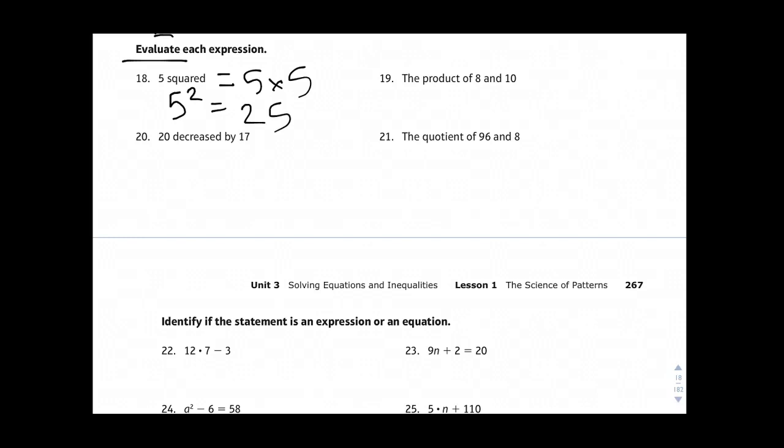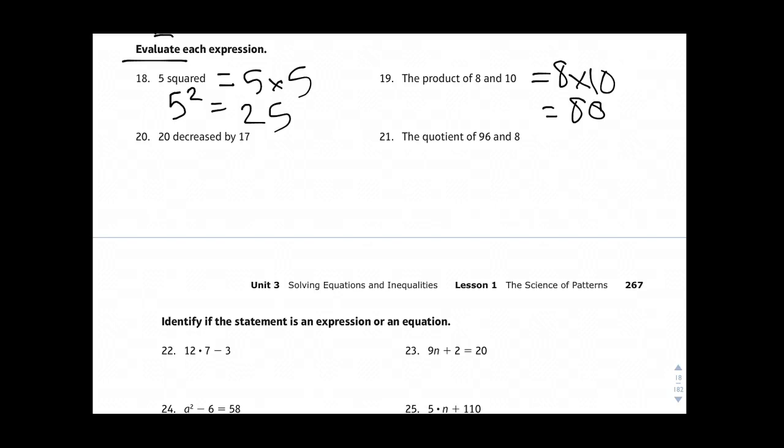The product of 8 and 10 equals 8 times 10. This is not good enough. You got to keep going. You have to get me to that one answer. Okay, I'm looking for that big equals like it's just by itself. So this is equals 80.